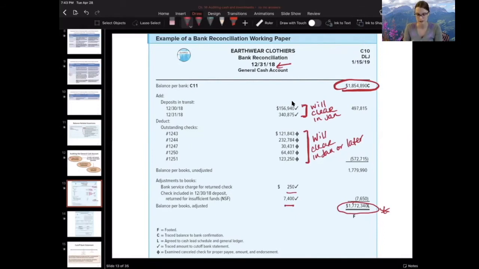But these types of differences that don't fall into deposits in transit and outstanding checks tend, for most audits, to be immaterial. So usually we can just tick those items immaterial, do a little bit of testing of the deposits in transit, do a little bit of sampling to test the outstanding checks, and move on with our lives.